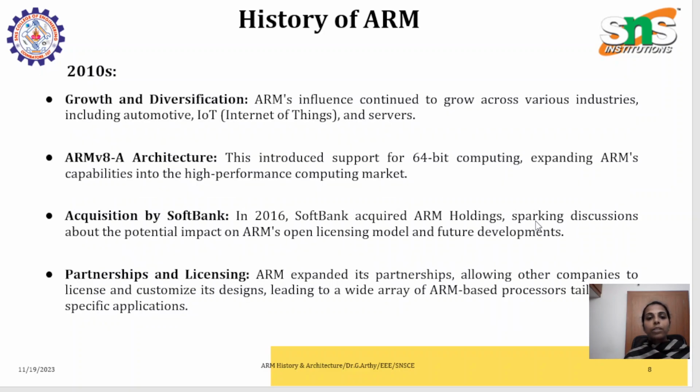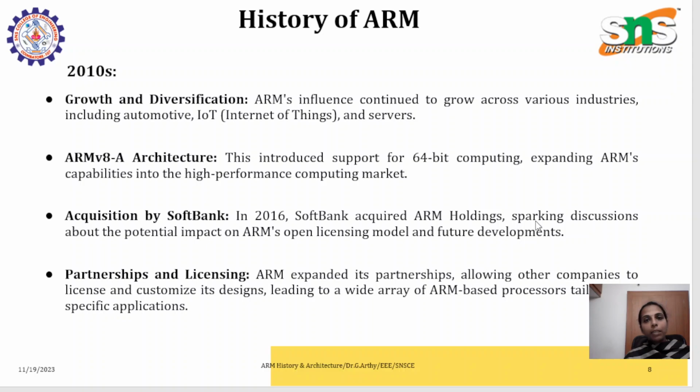Then in 2010, the growth increased. They landed in diversified areas. They proved themselves in different industries like the automotive industry, IoT, and servers. Then architecture version 8-A was introduced to support 64-bit computing too.